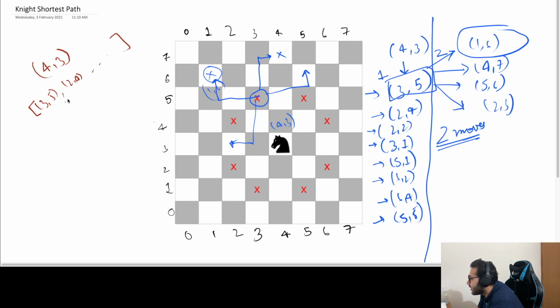Now the main thing is, from this list we can take the first element out and put all the points we can visit from this given element into the list again, right?